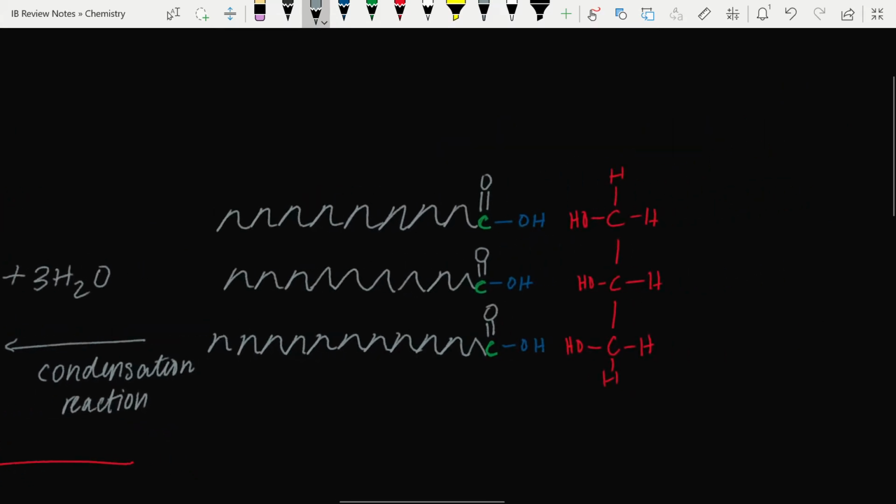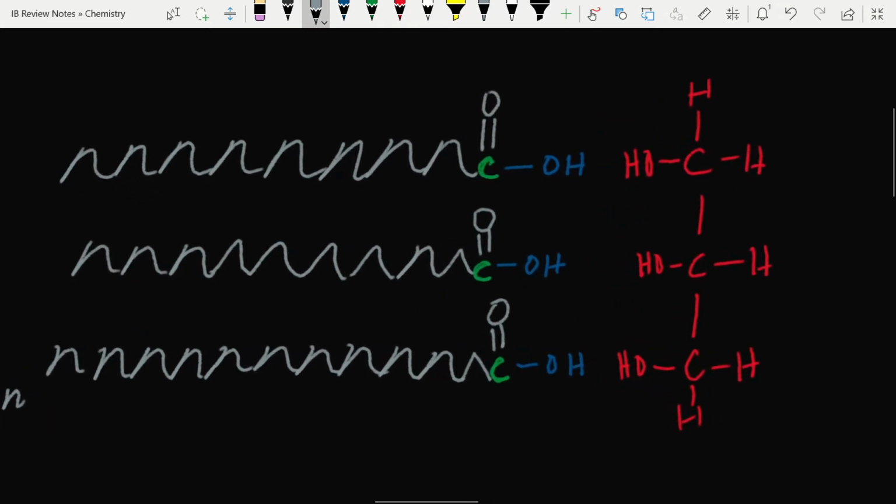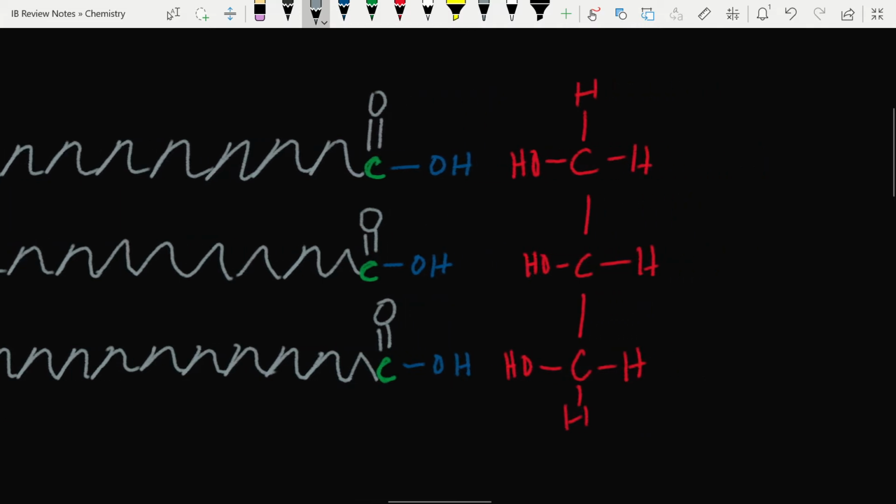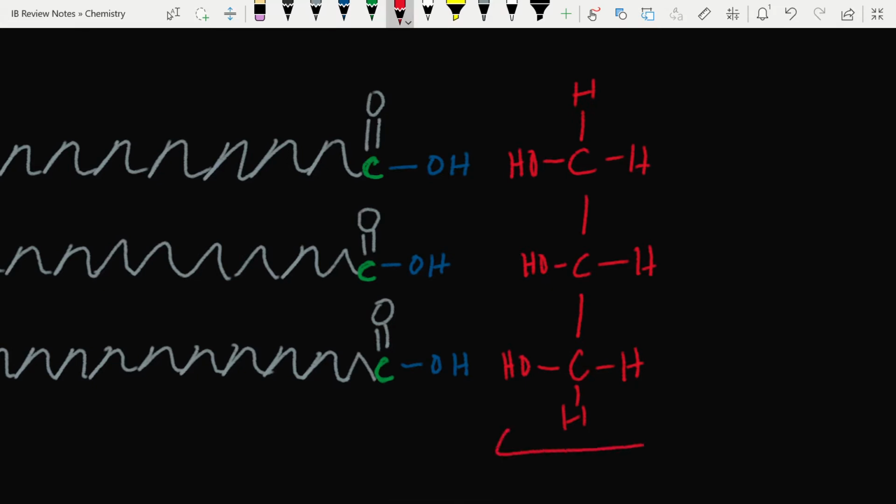So if you look at it right here, we have our 3 fatty acids. We have a carbon, a double bonded O, and an OH, and we have a glycerol right here.